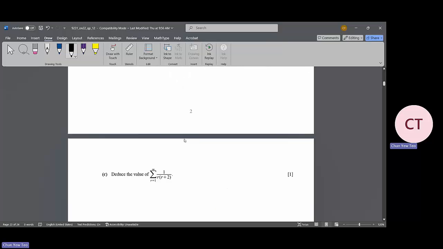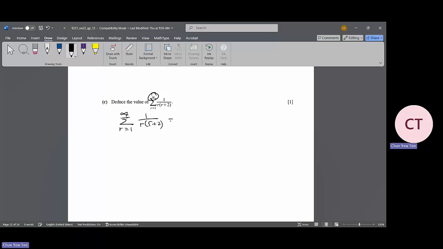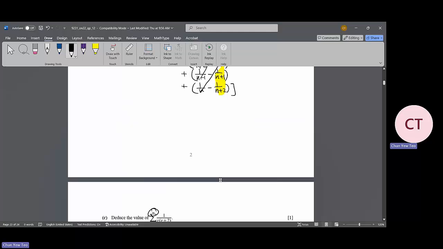Now we're moving on. Question C is to find the sum to infinity. So the sum to infinity over here, we just write that the limit as n approaches infinity for the result that we have here.